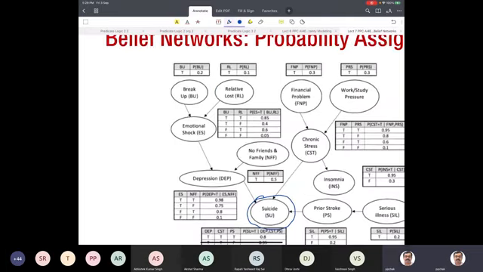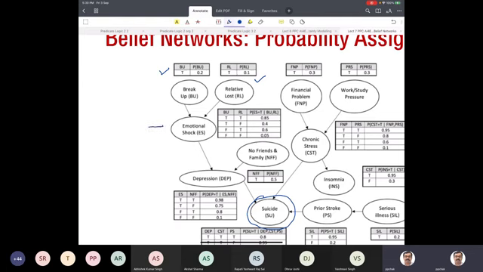It says the probability of breakup is given as 0.2 and the probability of not breakup will be 0.8. The probability of relative loss is 0.1 and therefore the probability of a relative not being lost, on average, is 0.9.